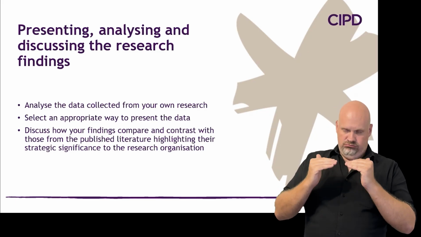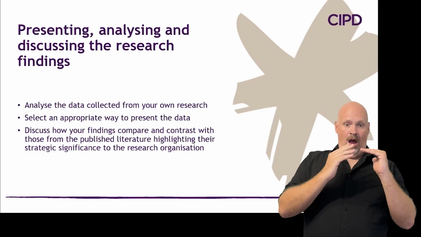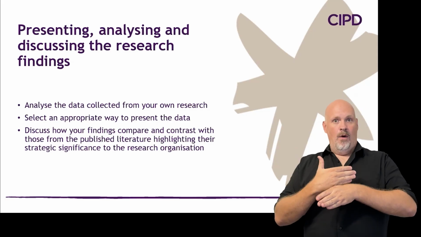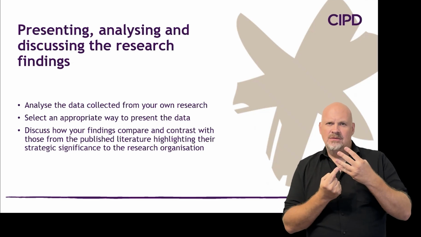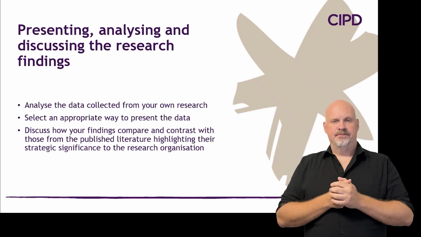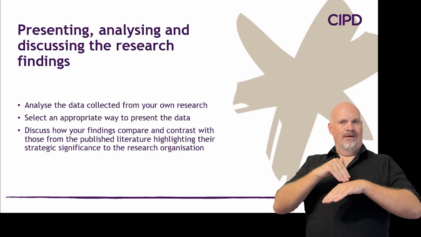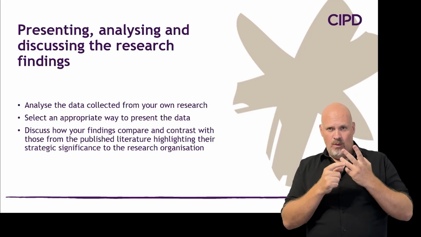And then moving on from the presentation analysis of your own data, you'll then need to include a discussion section. And this is really important because this is where you're comparing and contrasting your own findings from your own primary research with those of the published literature.